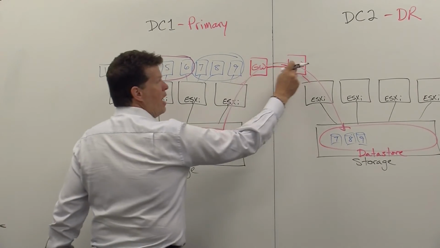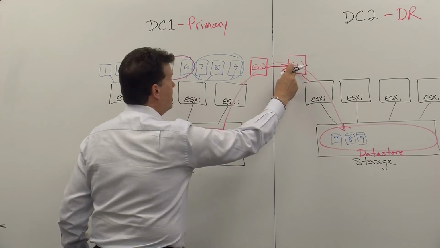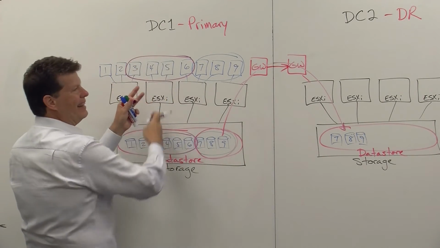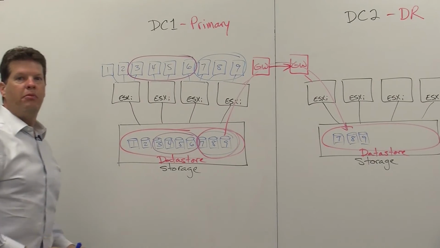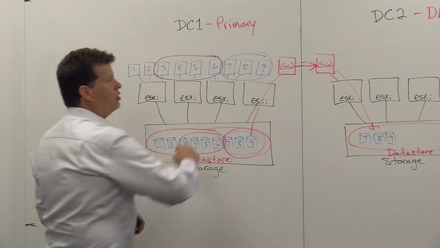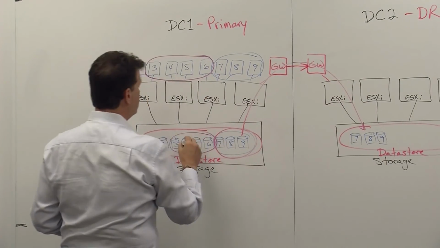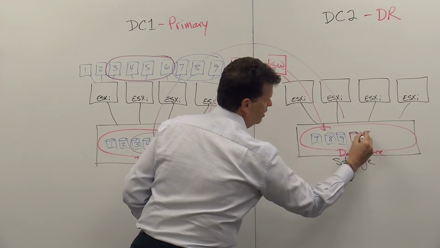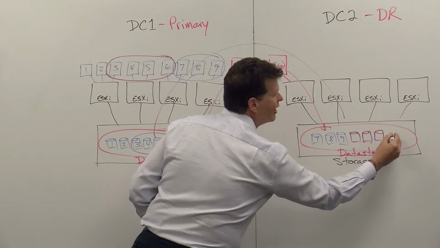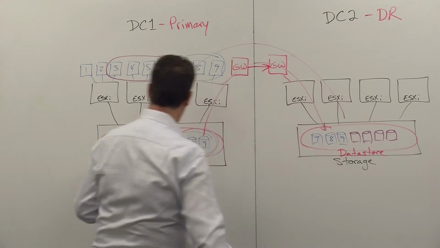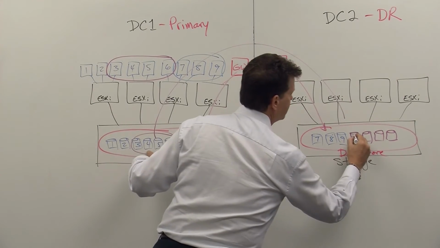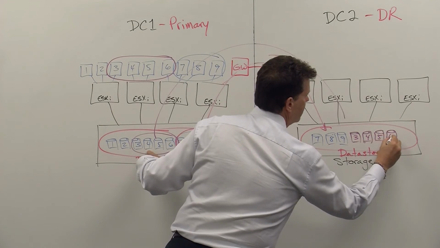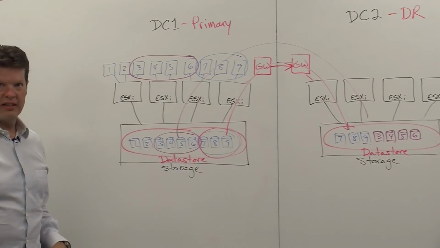Since I've already established the replication, all we're doing is adding these as part of a replication job to the other site. So these will now be replicated over to the other site, and we'll get a replication going to that site.